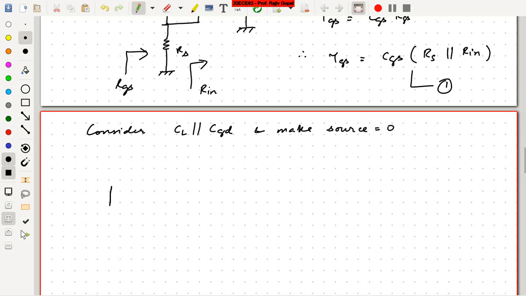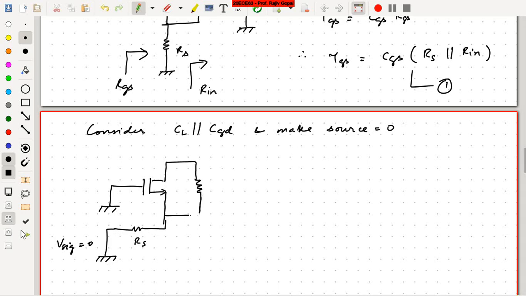So here you have your gate as usual, which is connected to ground. The source is connected to RS, which is connected to ground, because V signal is 0. Then here you have R0, here you have RL.